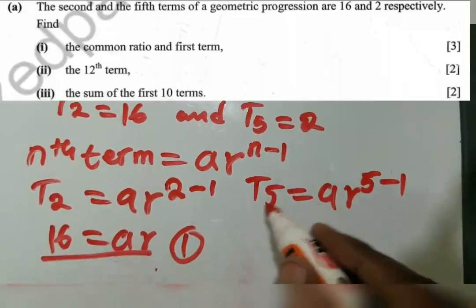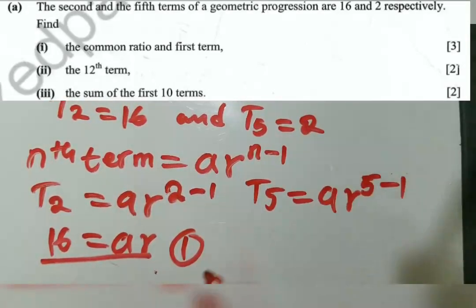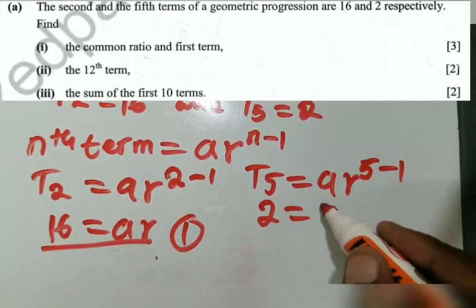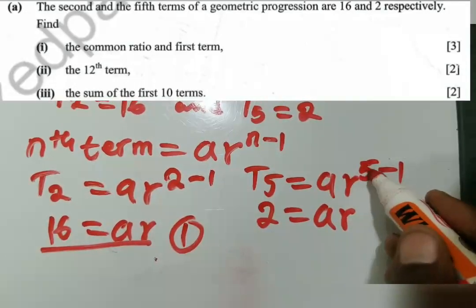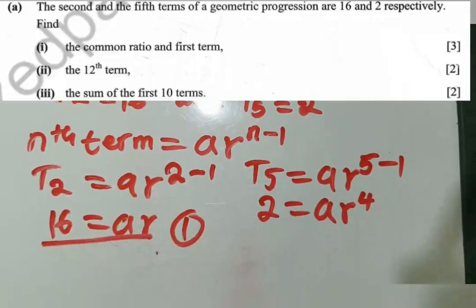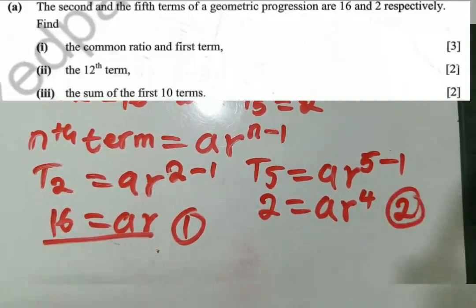Term 5 they have already found for us. They said it is 2. So we get 2 is equal to a r to the power 5 minus 1, which is 4. As simple as that. This is the second equation that we have there.